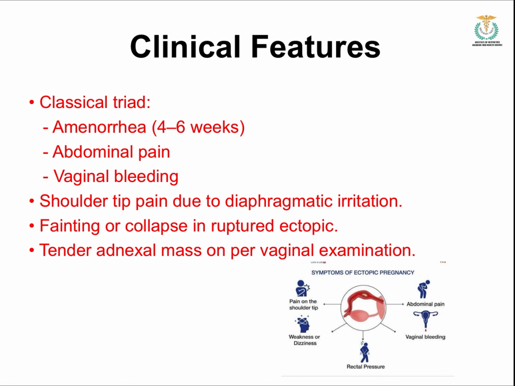Always check the vitals and don't rely only on the vaginal bleeding. You should be very quick. It is very important to know the clinical features of ectopic pregnancy so that you can differentiate it and diagnose the condition accordingly.